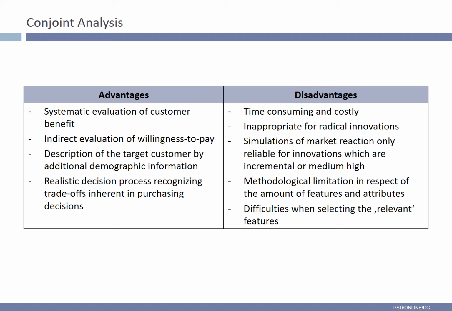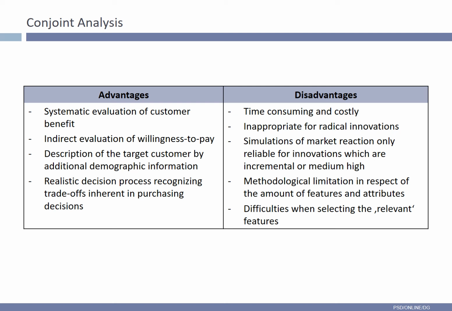The methodological limitation with respect to the amount of features and attributes, that's something I did miss before. So actually the conjoint analysis really just works great if you have up to 5 to 7 features and 3 to 5 different attributes for each feature, because otherwise you will not be able to reduce the number of combinations of products that you need to feed the model to a number that people can comprehend.